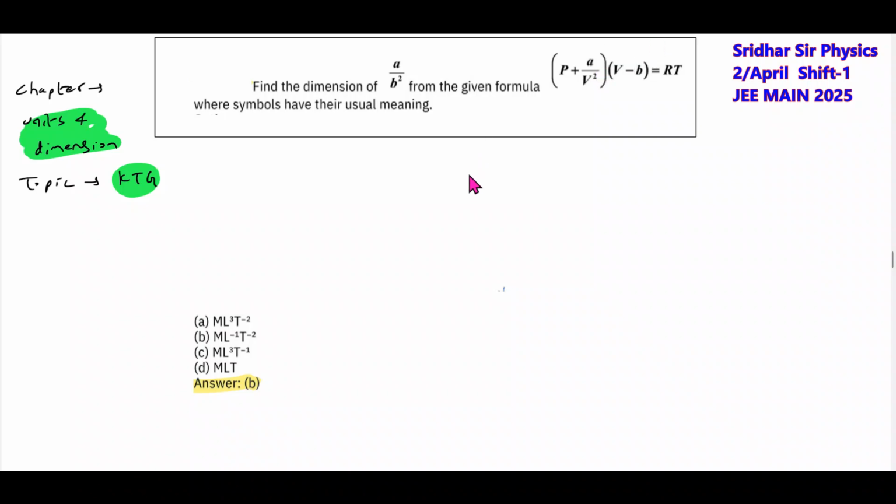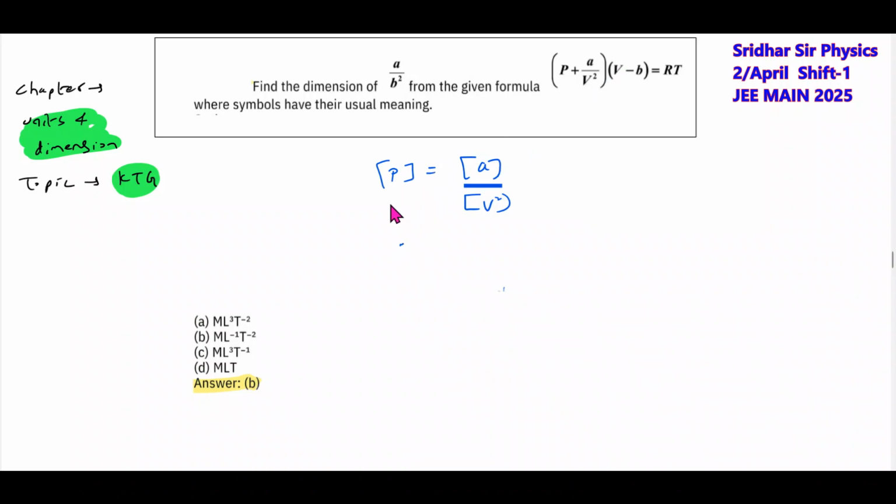The dimensions of a by V square should be those of pressure. In this bracket term, P plus a by V square, the dimensions of P should be equal to the dimensions of a by V square. So the dimensions of pressure is how much? Newton per meter square. If you know the dimensions directly, well and good, or else you have to work out.